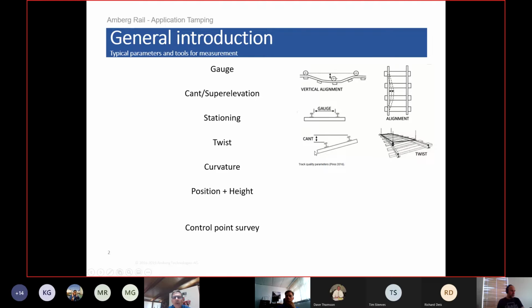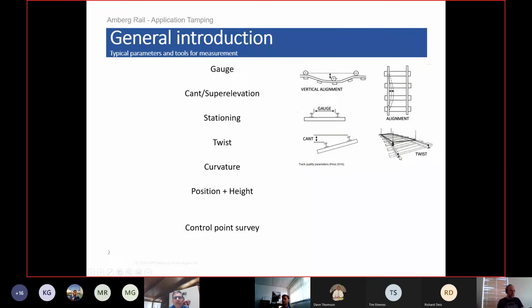Similar to a road, when you're in a corner, the rail will be super elevated, with one rail higher than the other, so you can run at speeds through there without everybody getting thrown off the rail. Stationing is very basic, our typical chainage, so not really any different than a road application.